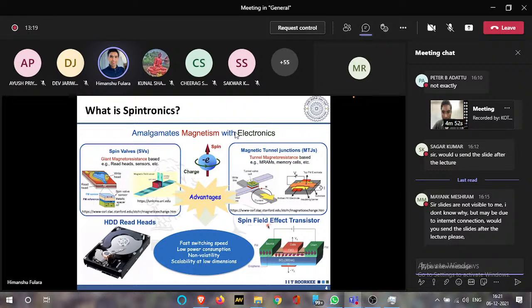And there is a proposition of a spin field effect transistor also. Basically, these are field effect transistors which are driven by the spin current. And as I already mentioned, the advantages of these spintronic devices are fast switching speed, low power consumption, non-volatility, and it allows you to scale devices to further nanometer dimensions.